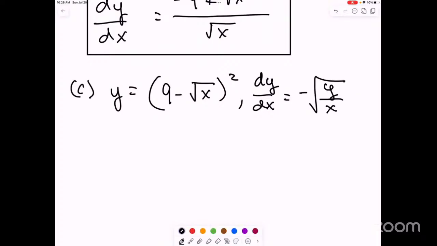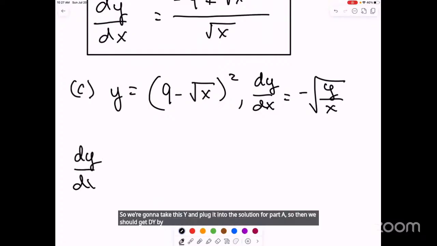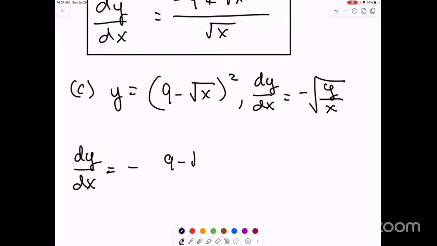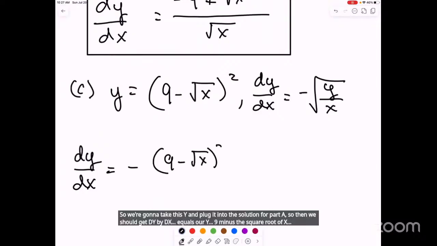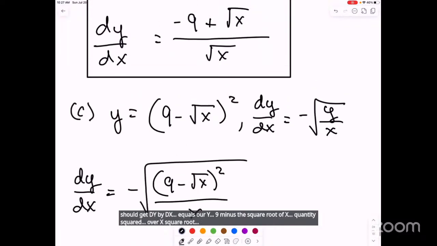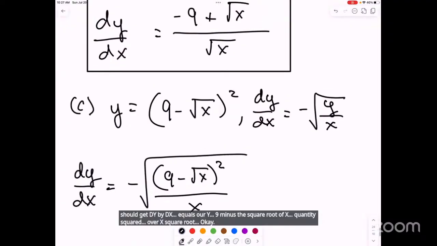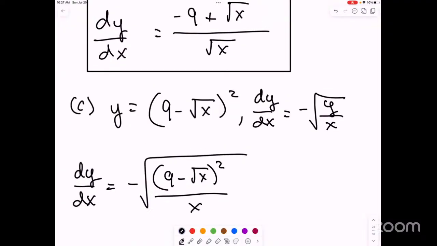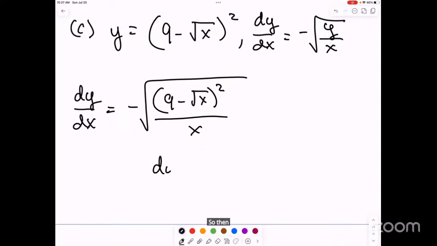So we're going to take this y and plug it into the solution for part A. So then we should get dy by dx equals our y, 9 minus the square root of x quantity squared, over the square root of x. So then our dy by dx, those cancel.